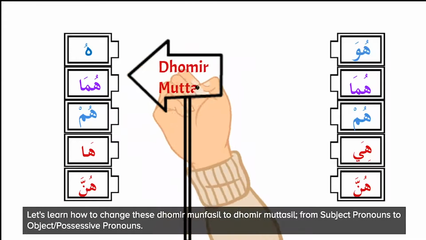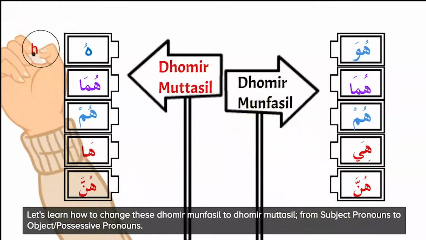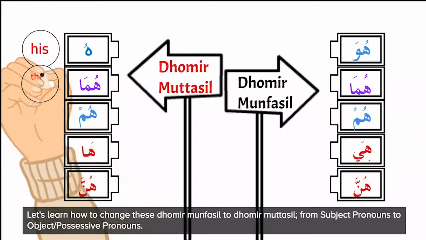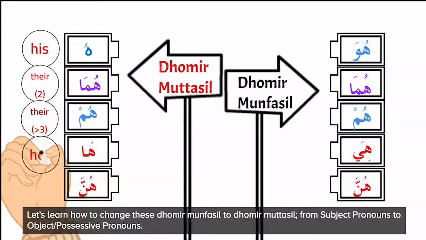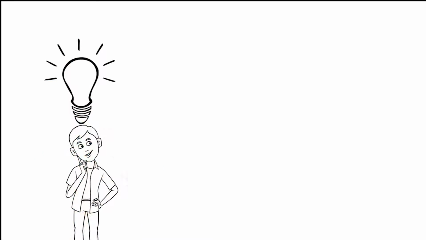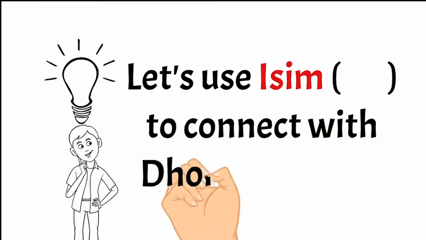Dhomir Muttasil is on the left, and Dhomir Munfasil is on the right. Let's use Isim to connect with Dhomir Muttasil.